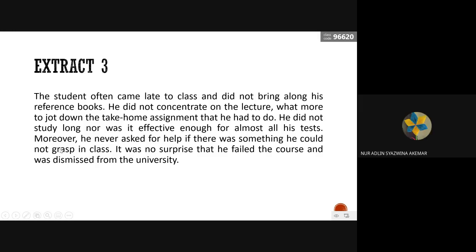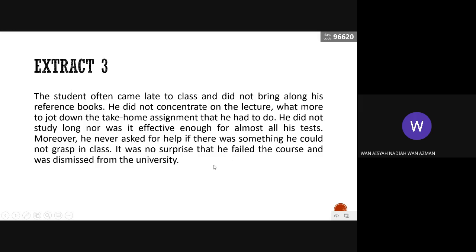It was no surprise that he failed the course and was dismissed from the university. Yes, very good. So that would be your topic sentence. In extract number 3, the topic sentence appears at the end of the extract.